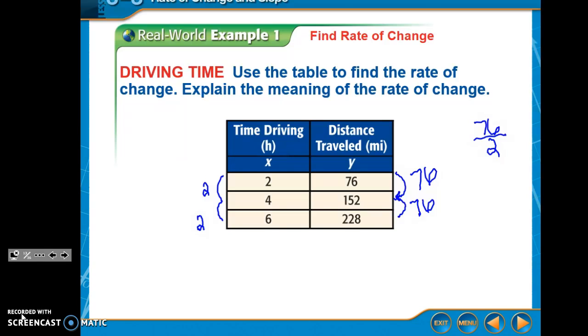So divide, we get 38 over 1. And then is that the same between 4, 152 and 6, 228? Yep, because our change in y is still 76 and our change in x is 2. And that reduces to 38 over 1. So are we okay with that?